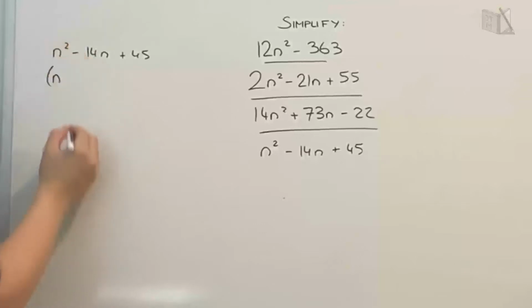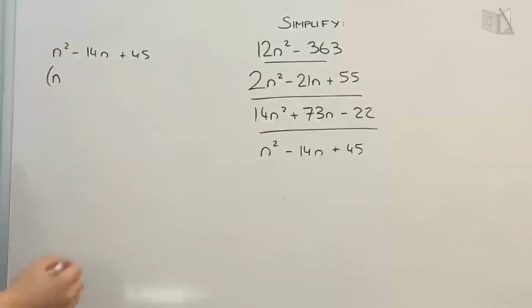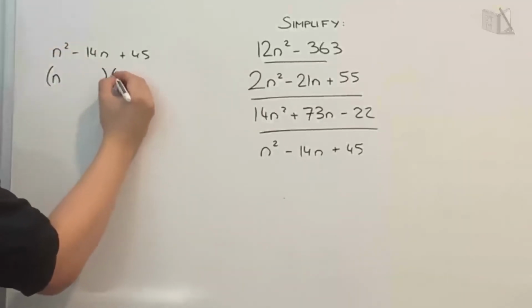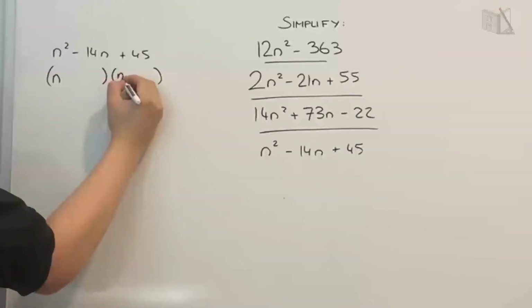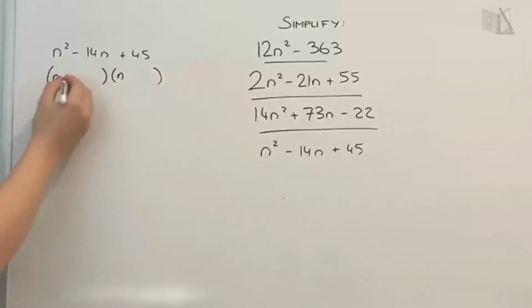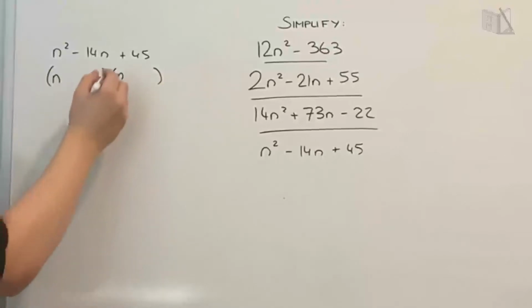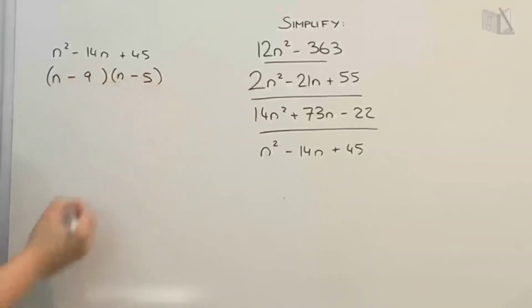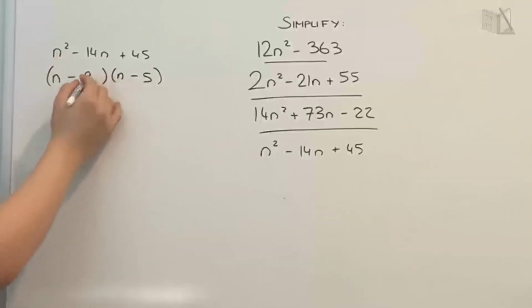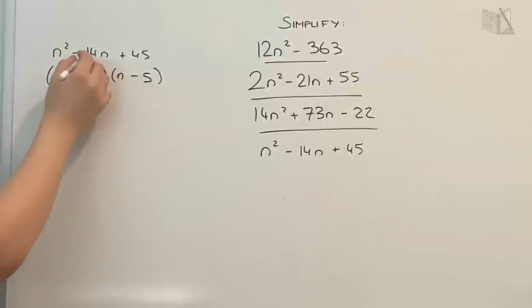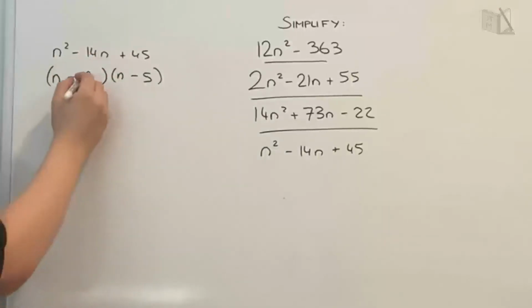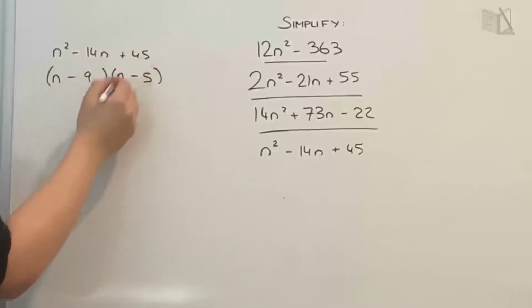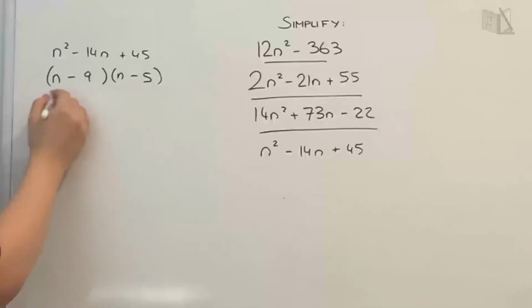The coefficient in front of n squared is 1, so we know the first terms must be n in each bracket. I think the numbers are going to be minus 9 and minus 5. n times n is n squared, minus 9n minus 5n is minus 14n, and minus 9 times minus 5 is plus 45. This is the factored version of the quadratic.